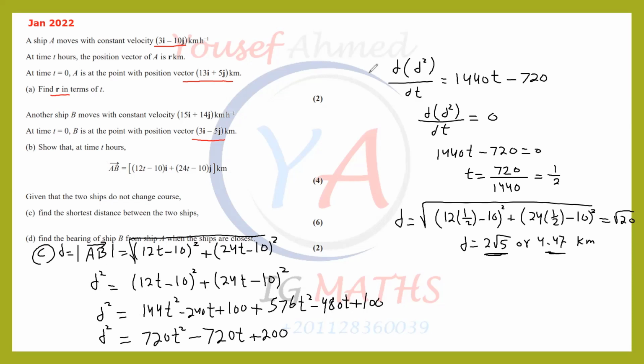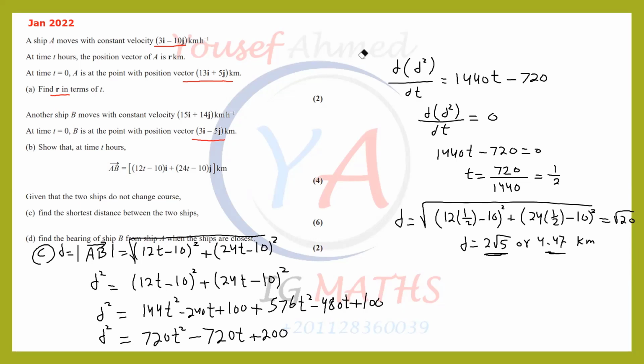You can do completing the square, which gives a(t + b) all squared plus c, where you just change the sign of b to get the time value, and then replace it in the distance. Or you can do differentiation as we have done to get the smallest value, the shortest distance. You need to know the time taken for the two ships to be at the shortest distance from each other. This is regarding point C.